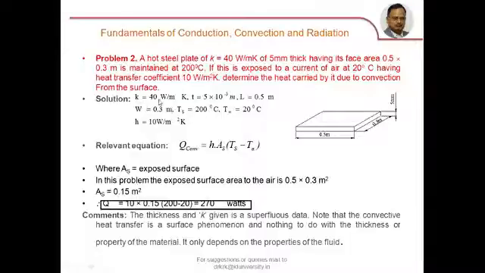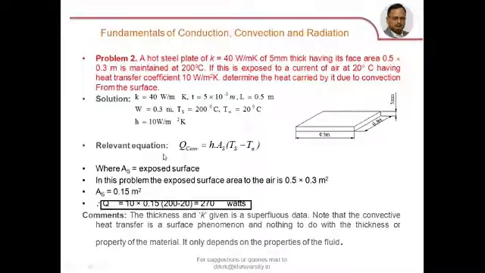Given data is thermal conductivity 40 watt per meter Kelvin, thickness 5 mm, length 0.5 meters, width 0.3, surface temperature of the plate 200, the fluid flowing air temperature 20 degrees, the convective transfer coefficient h is 10 watt per meter square Kelvin.